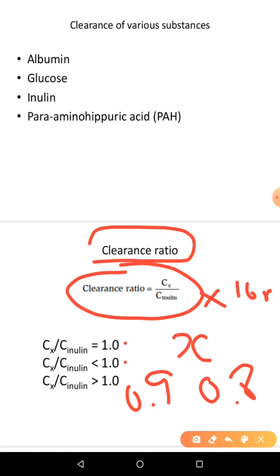For example, albumin is not filtered, and the clearance of albumin is less than the clearance of inulin. Also the clearance of sodium, chlorides, bicarbonate, phosphates, urea, glucose, and amino acids are less than the clearance of inulin, because these substances are filtered and then reabsorbed. But inulin, once it is filtered, cannot be reabsorbed.